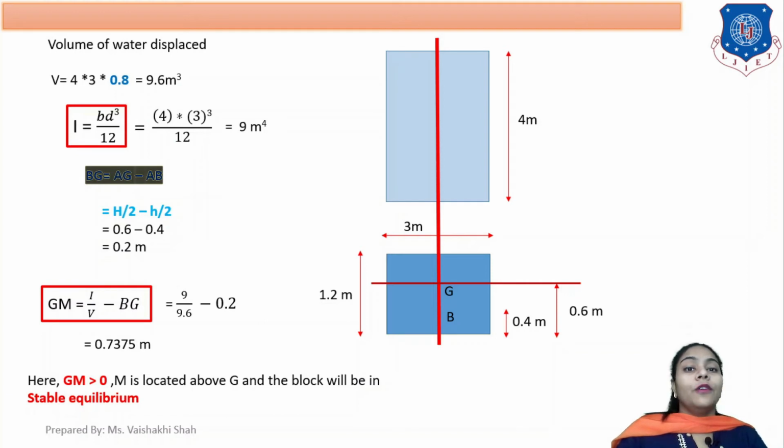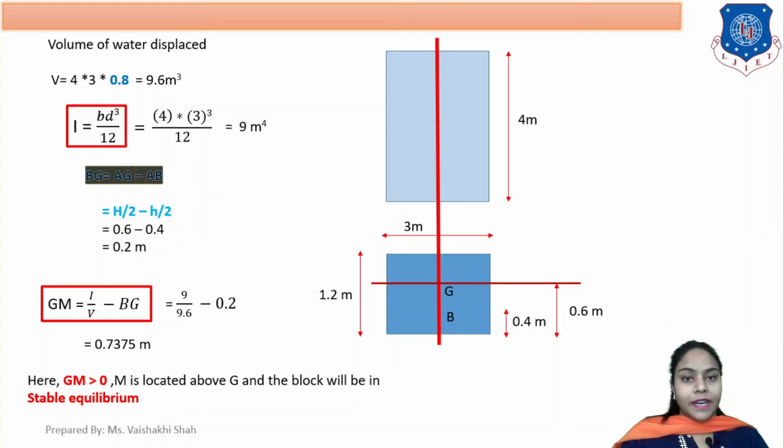So to find the volume, that is length into width into height, consider the immersed height here. So the total volume of water displaced, V, is length 4 meter, width 3 meter, into 0.8, so you get volume 9.6 meter cube.